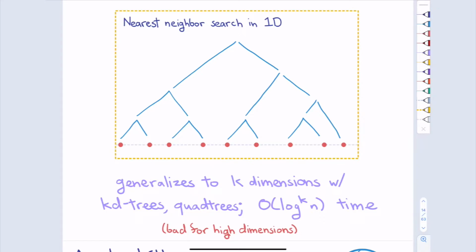So this old-fashioned binary search tree and its generalizations is fine in 1 dimension, 2 dimensions, 3 dimensions, but not too much more than that. Our goal is to develop techniques with essentially no dependence on the dimension, sort of like what we achieved last time. That's what makes the problem hard.